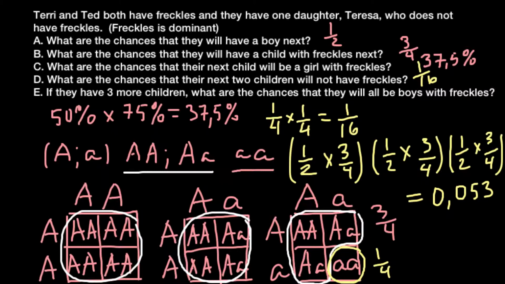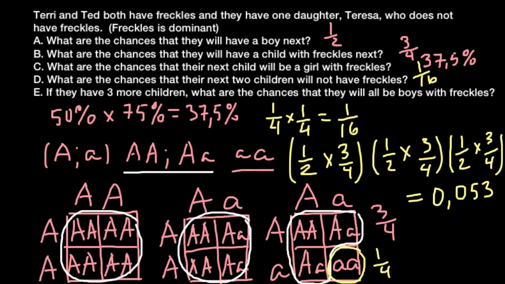If we need the answer in percentage form, we have to multiply by 100, because this answer is given on a scale between 0 and 1, where the maximum number is 1. So 3/4 plus 1/4 would be 1. But percentage form is given on a scale between 0 and 100, so we have to multiply this answer by 100.